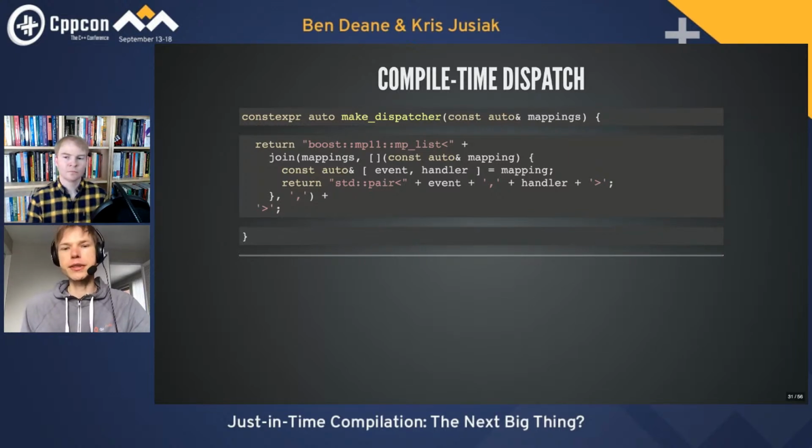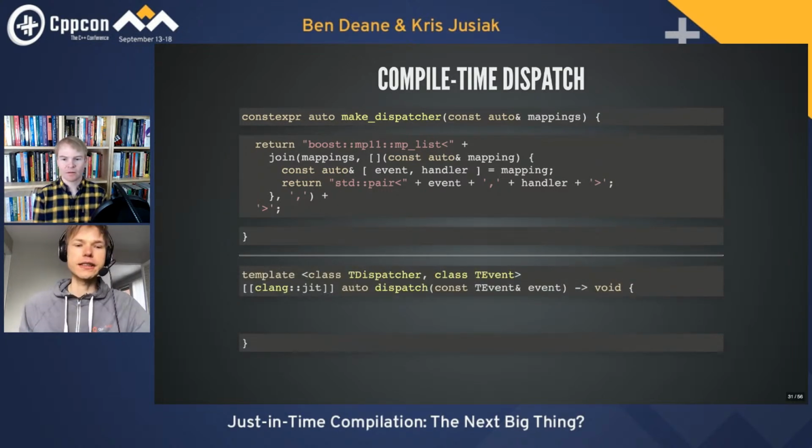We had another map, which is the mappings. We leverage this join function again. We get the event and the handler and produce a type list of pairs of event and handler. And note that that wasn't a JIT function. It was just a normal function producing those strings, as Ben pointed out before.